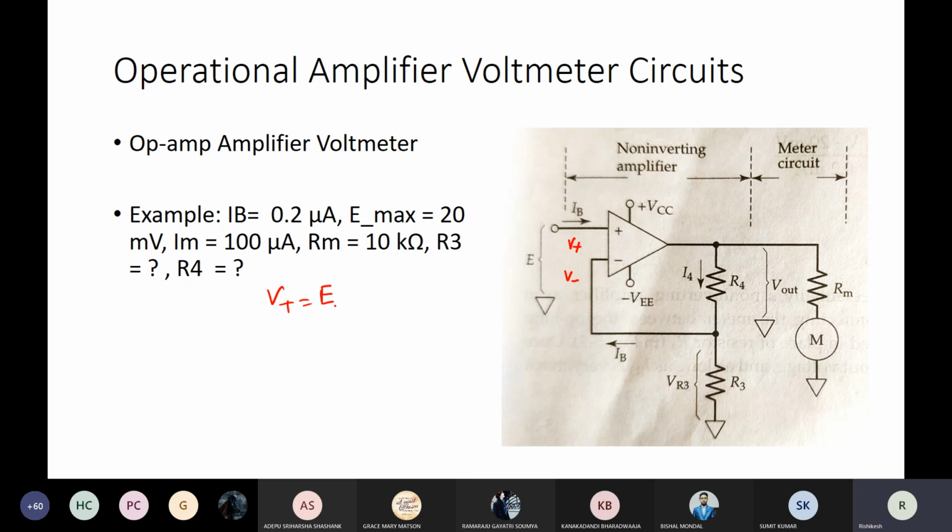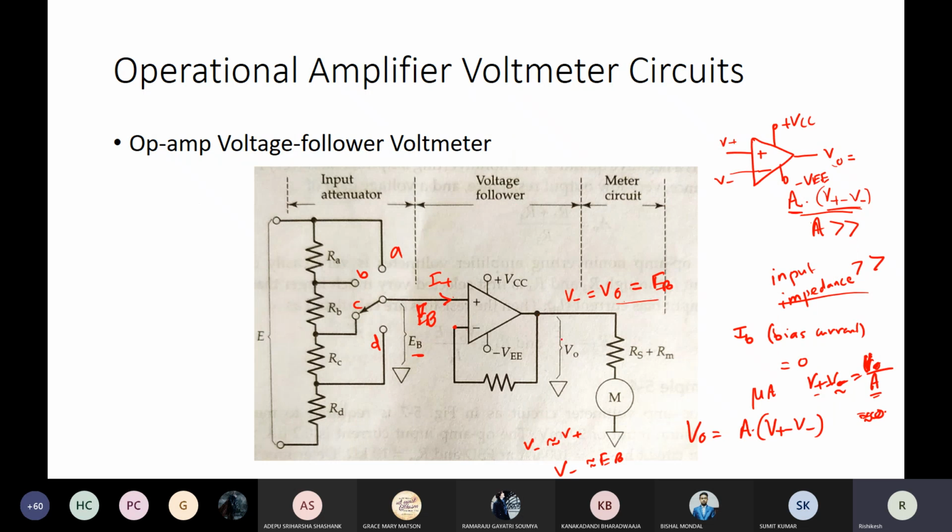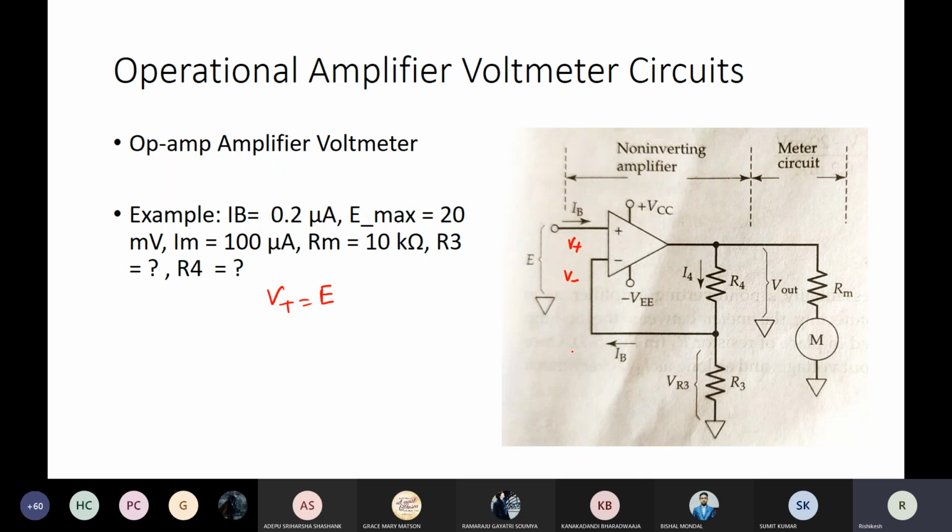Now the feedback is taken from the output, but not directly as in the case of the voltage follower network, but through a voltage division. So a fraction of the output voltage is fed back to the input, not the entire output voltage. Now what is V minus?